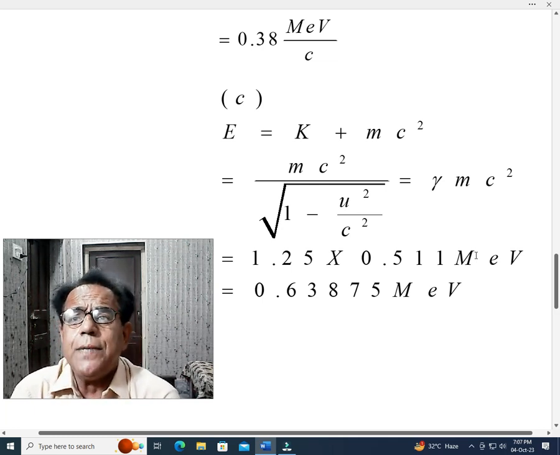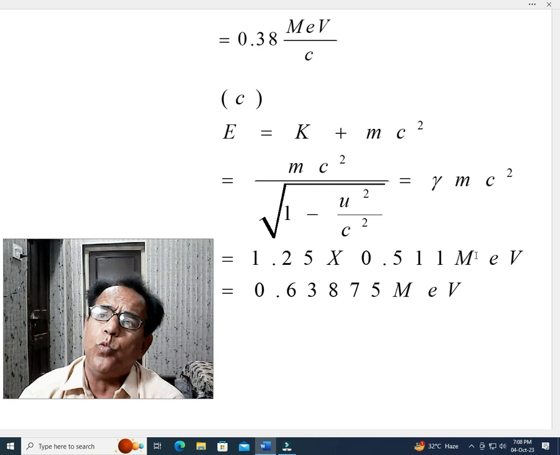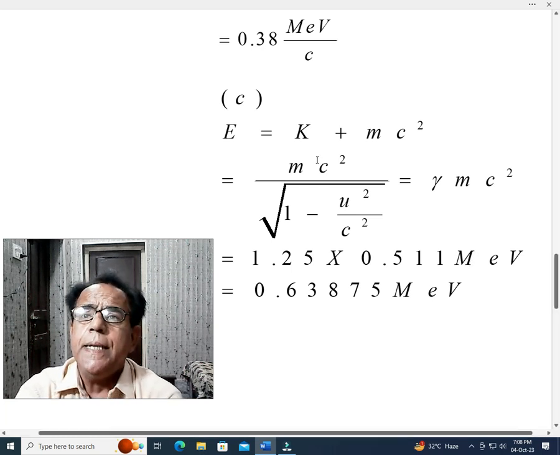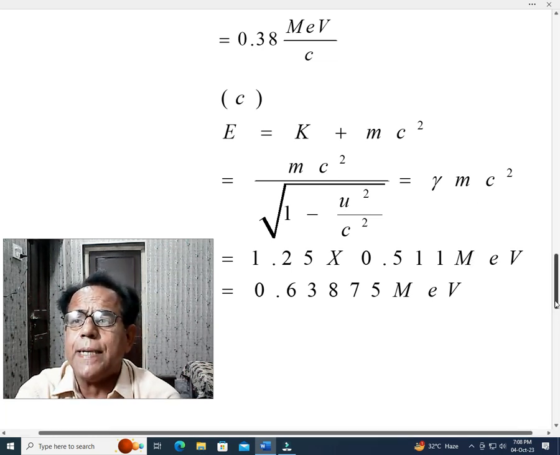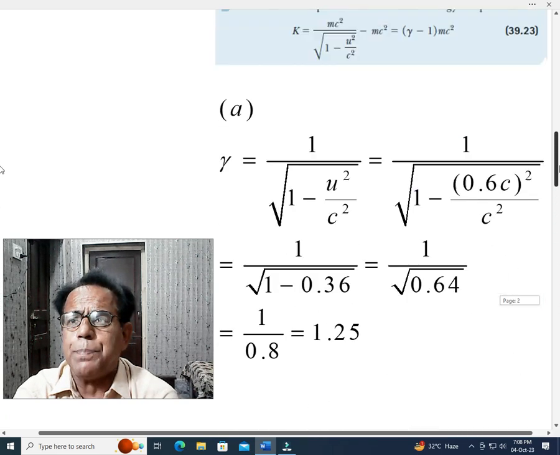This is alternatively equal to mc square over the square root of 1 minus u square over c square, and this is alternatively equal to gamma mc square. We explain this portion from our snapshots.